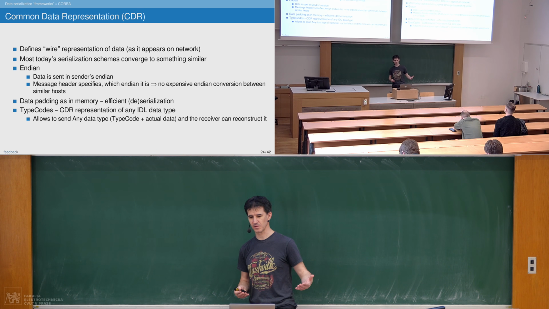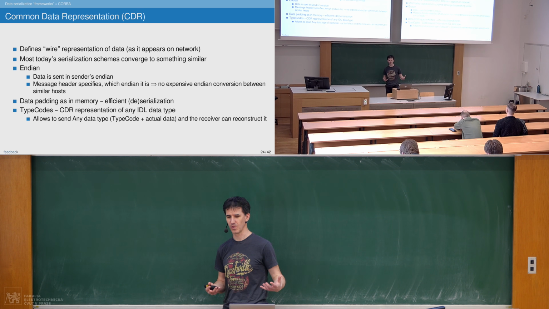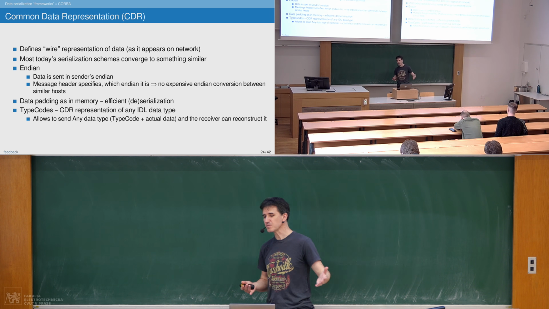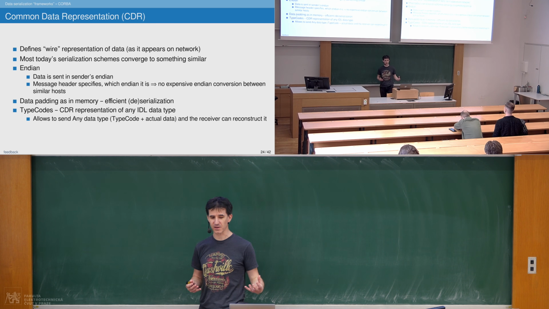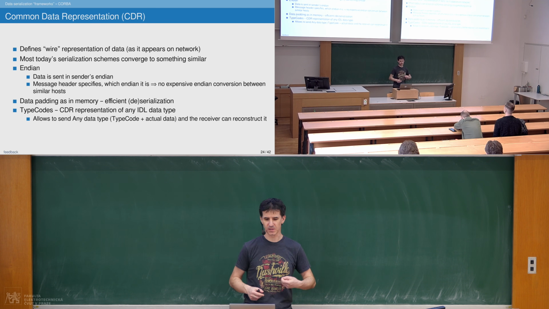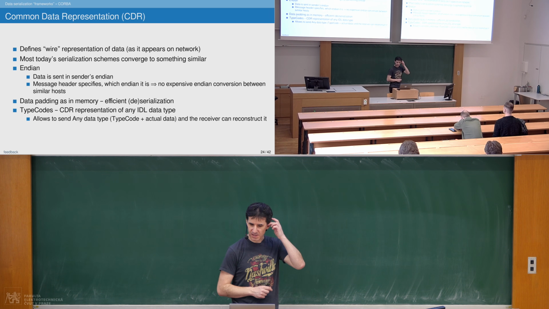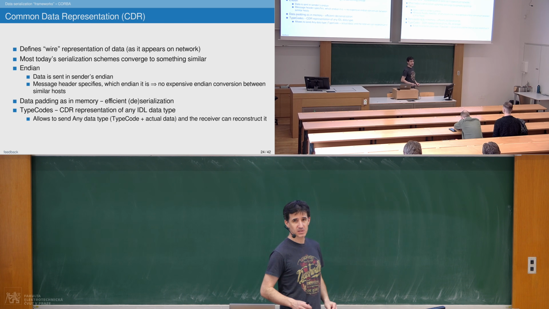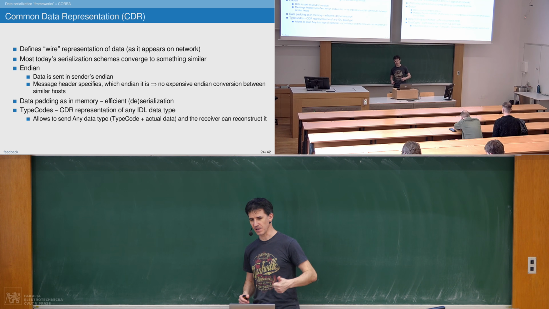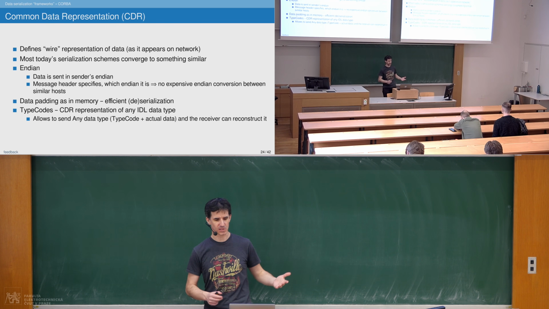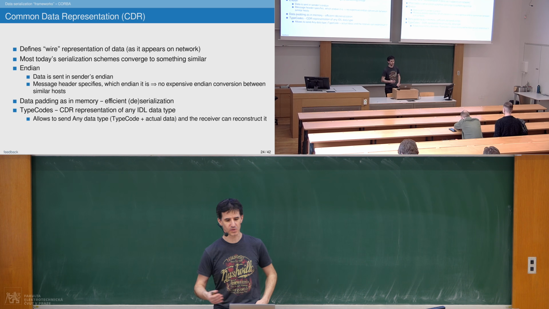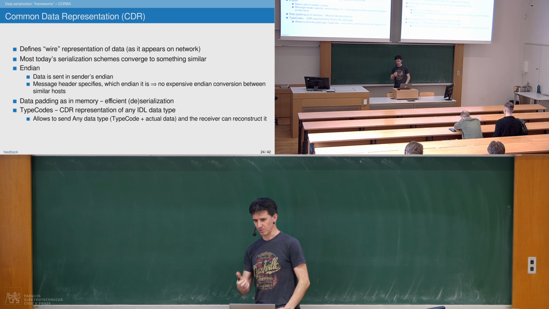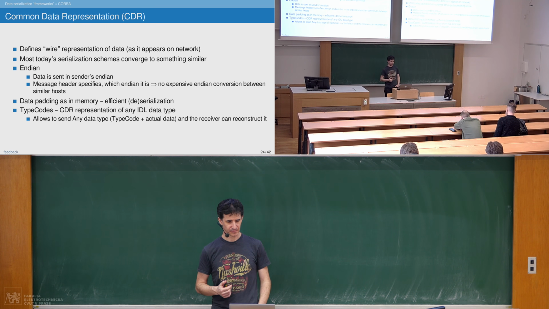Previously, big endian was the network order, so whatever you sent to the network was converted to big endian. Nowadays everything is little endian, so it would be inefficient to convert it to big endian and back. So Corba said no conversion, we are always sending in native endianness, and in the header of every message there is one bit saying which kind of endianness this is. If the receiver uses the same endianness, there is no need for conversion. If the receiver uses a different one, then it needs to convert.